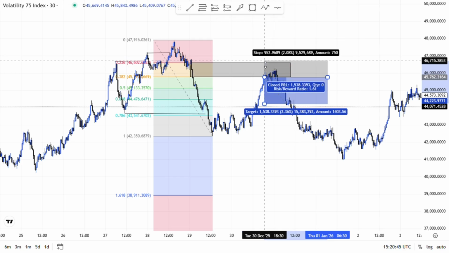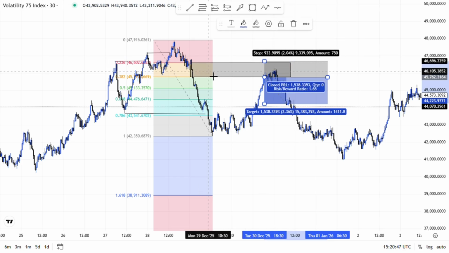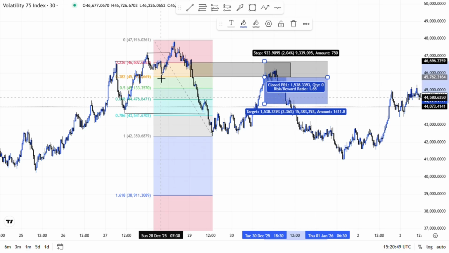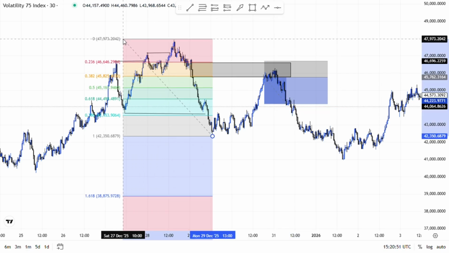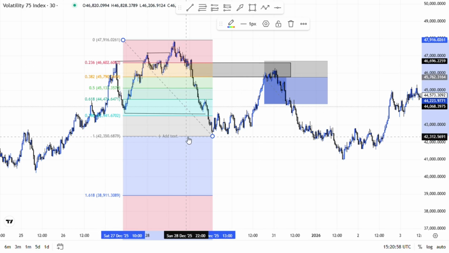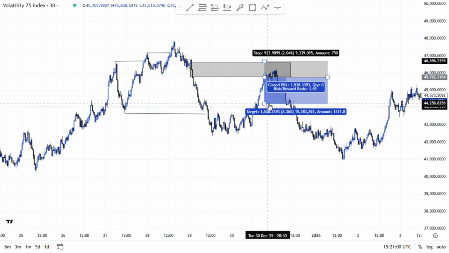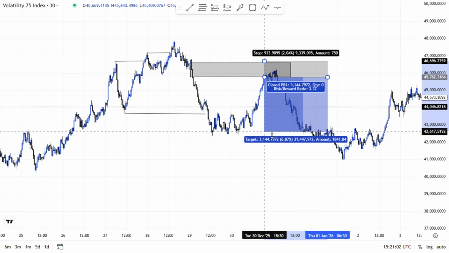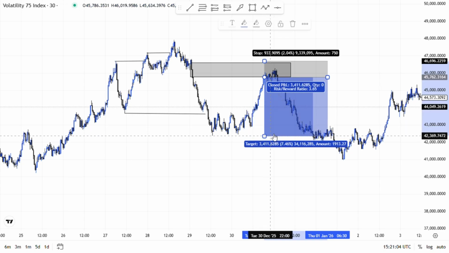Your stop loss should always be above the entry. Your golden zone is always at the point of 0.382 to 0.236. That is your golden zone always. That is your entry level. So this is how you do it. A 1 to 3 risk to reward, done and dusted.